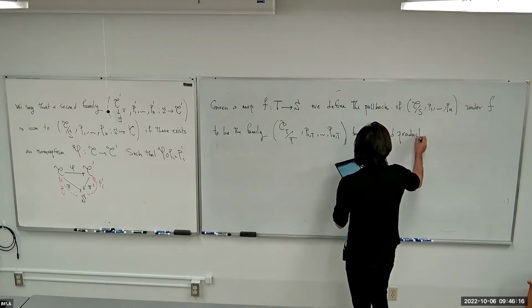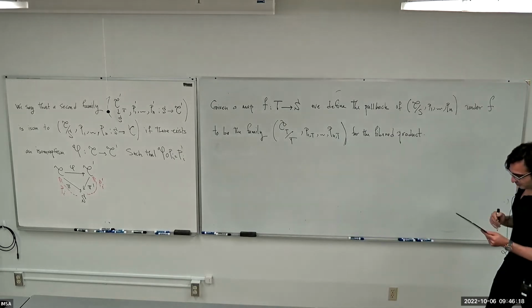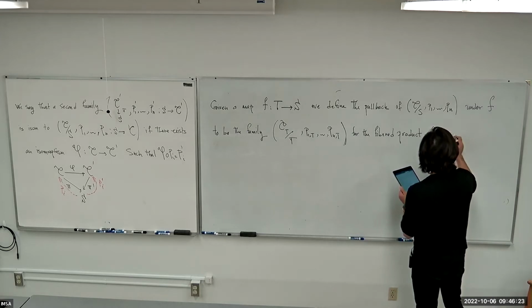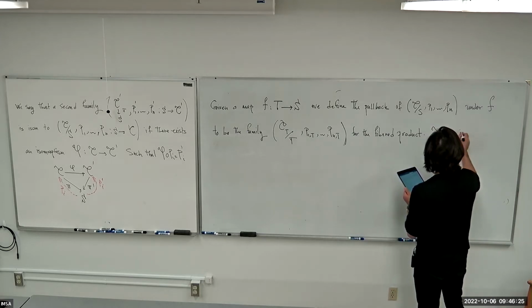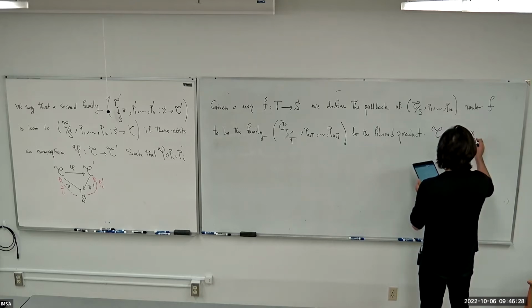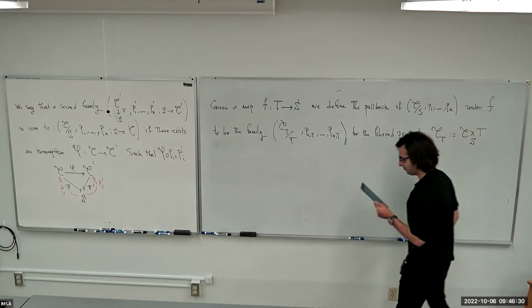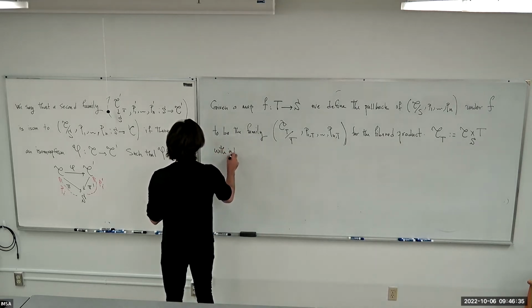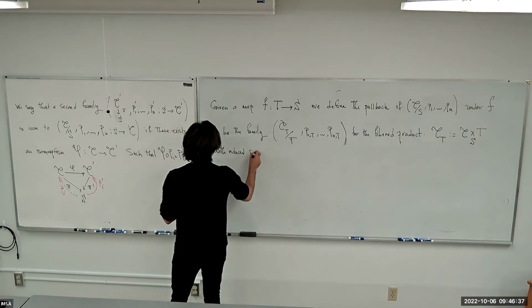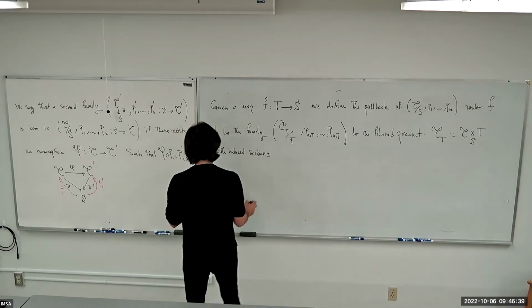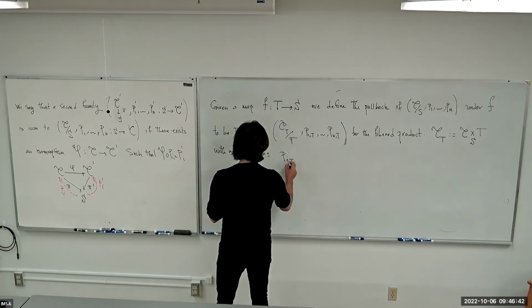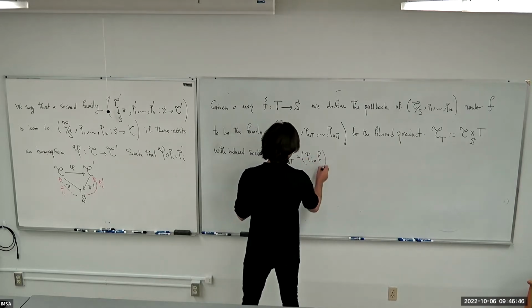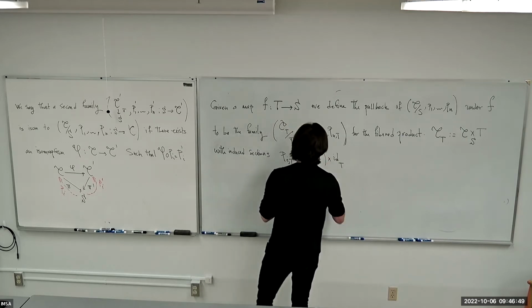The fiber product C of T is defined as C over S times T with induced sections. Induced sections Pi of T equal to Pi of F times identity of T.